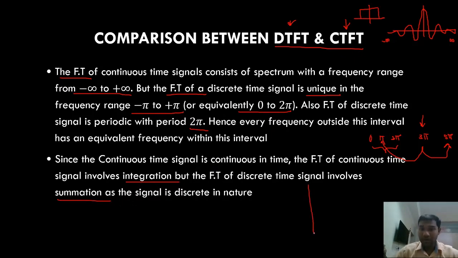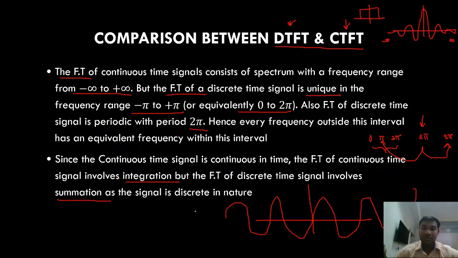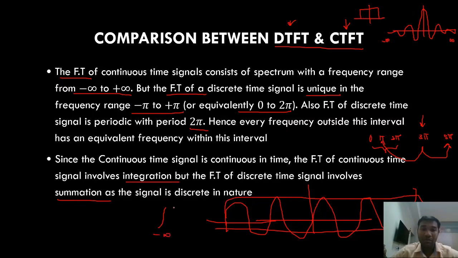For the continuous time signal, let me say for a sine signal, at every instant of time, the continuous time signal is defined. It has some value. So I can consider integration. Integration means from one point to the other point, it involves every other value of time. Integration of t from minus infinite to plus infinite.